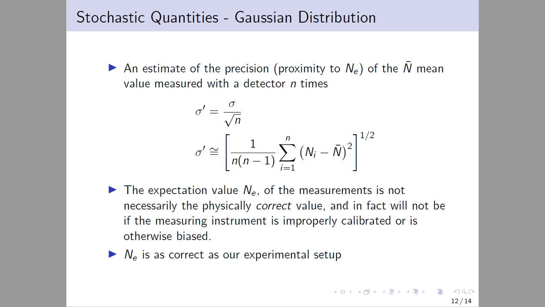It depends on the sensitivity or the precision of that thermometer. For example, sometimes we get 37.5 or above. So n bar is correct for our experimental setup.